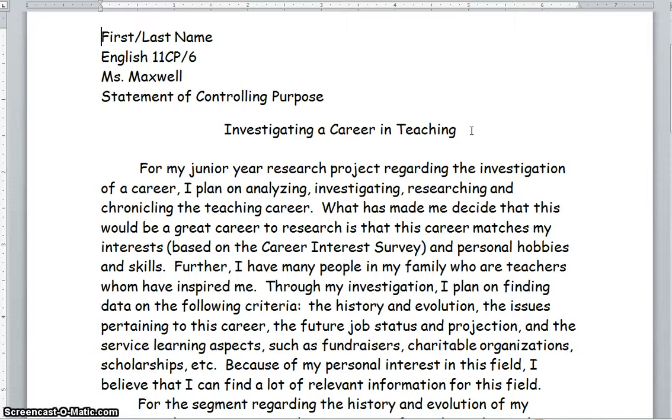Next, you have the title of your specific statement of controlling purpose. It's not just called statement of controlling purpose, so you need to come up with a unique title. Remember, for paragraph 1, it was specifically asking you to introduce us to your topic.